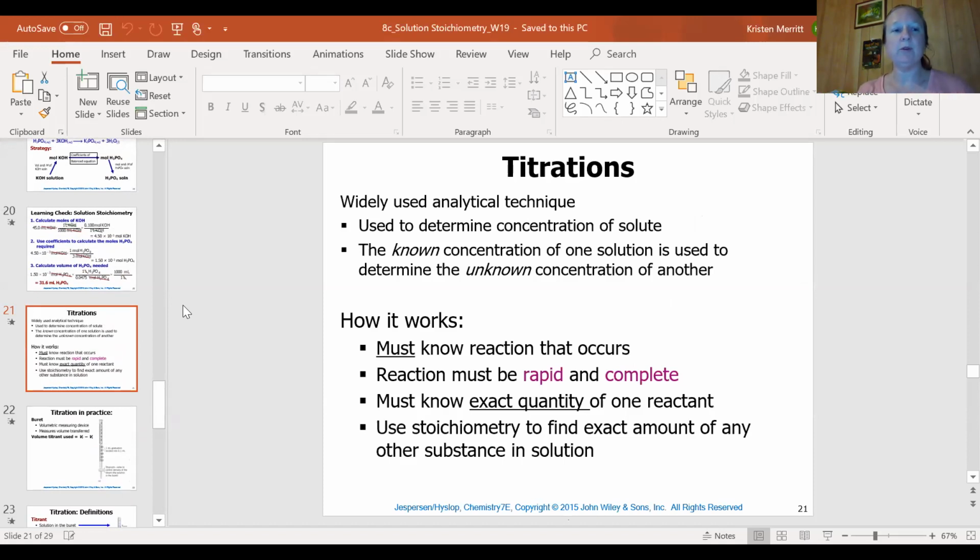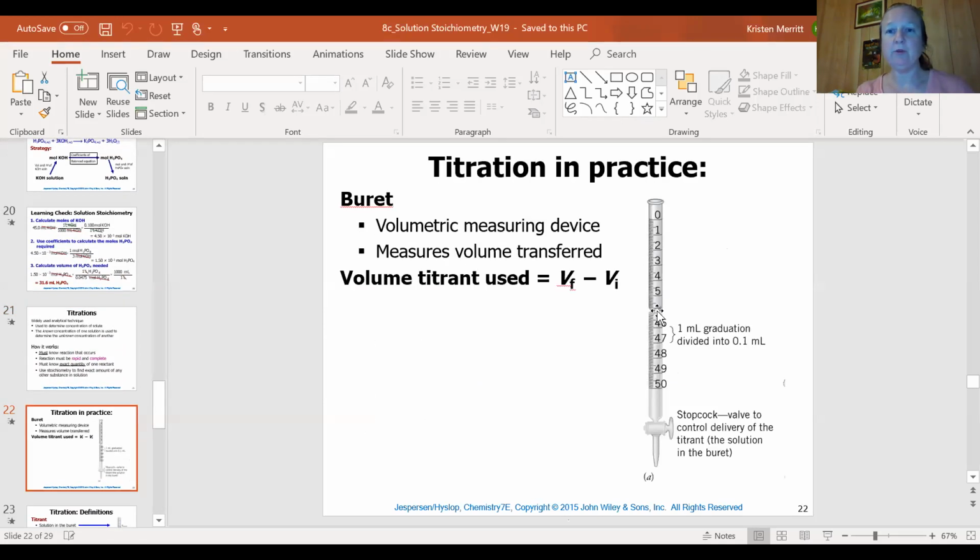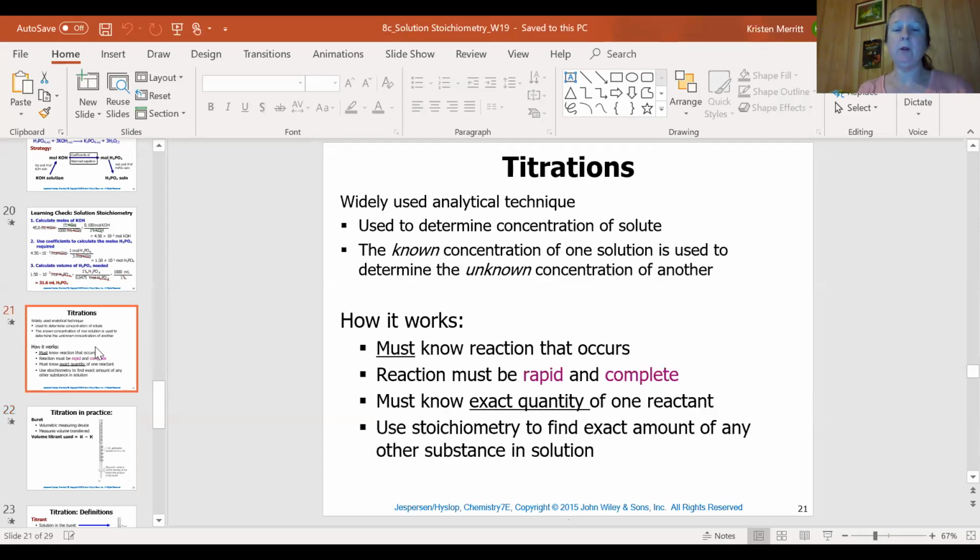The titrant is what's in the burette. The titrant is here and you know everything about that. You know the identity, you know the concentration. You have to know the identity of the acid, which in this case is our analyte, our unknown, because you have to know the chemical reaction that occurs and the mole-to-mole relationship between your acid and your base.